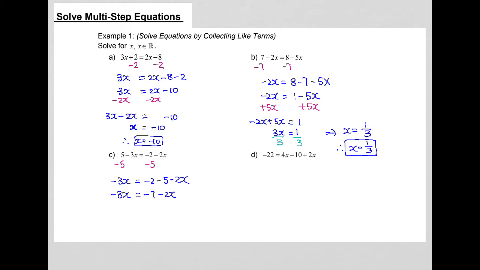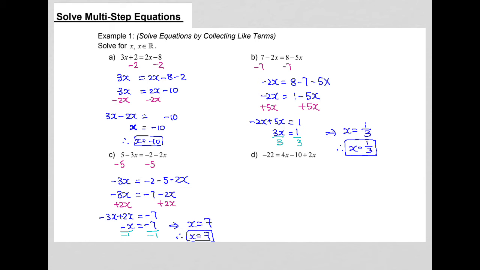And I have to add 2x on the right, in order to remove the x on the right-hand side of the equal sign. You'll get negative 3x plus 2x equals negative 7. That means negative x equals negative 7. And you divide it by negative 1 on both sides to get positive x. So x equals 7. And that's your final answer.